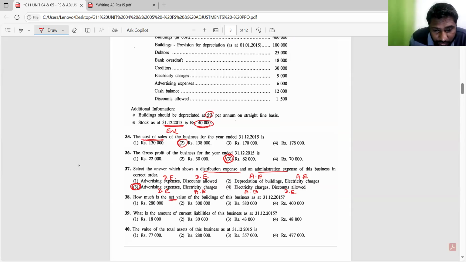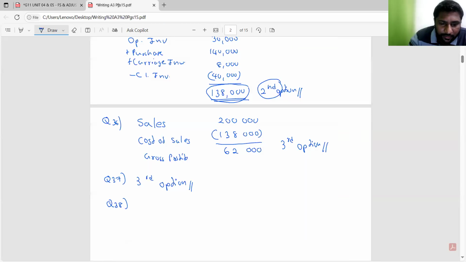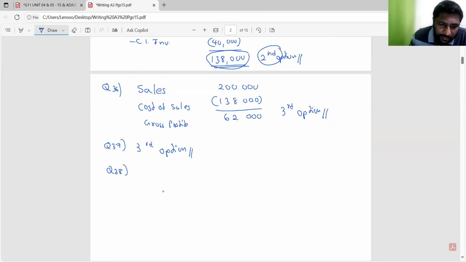Net value, that means after depreciating. So let's see how to take it. Cost minus accumulated depreciation.